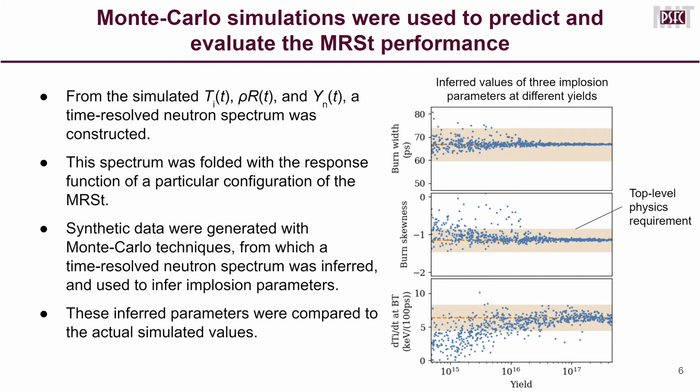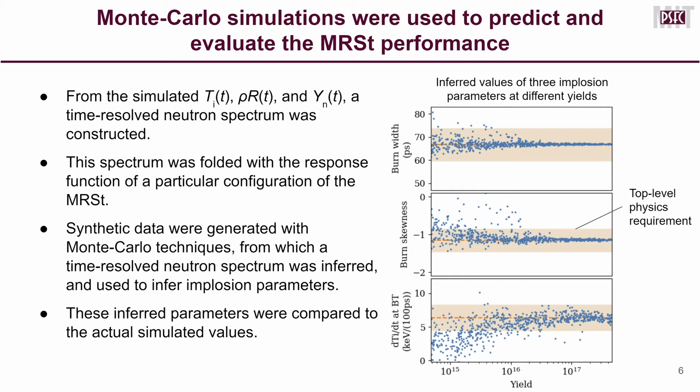Next, Monte-Carlo simulations were used to predict and evaluate the MRSt performance. From the simulated ion temperature, ρr, and yield, a time-resolved neutron spectrum was constructed with a simple analytical model. This spectrum was folded with the response function of a particular configuration of the MRSt, and from there, synthetic data were generated with Monte-Carlo techniques from which a time-resolved neutron spectrum was inferred and used to infer implosion parameters.